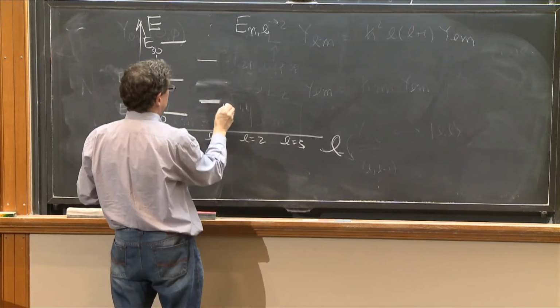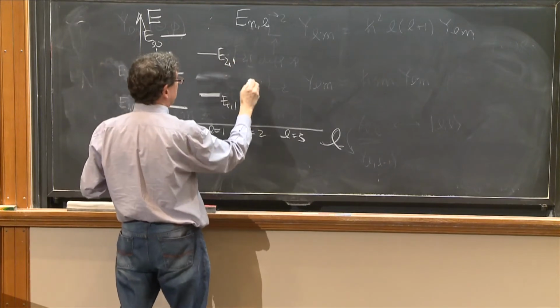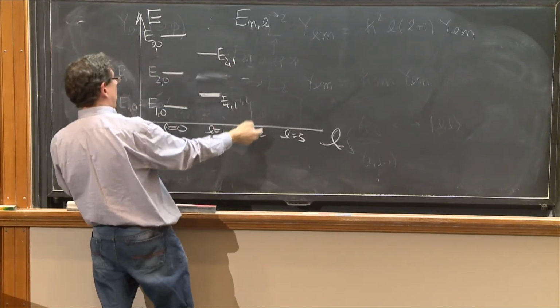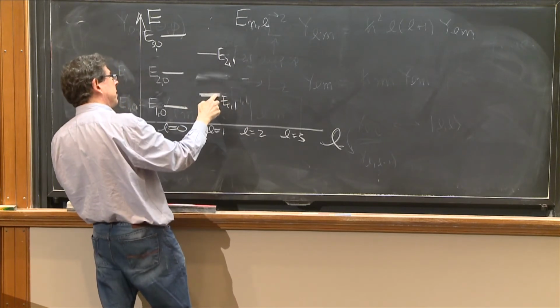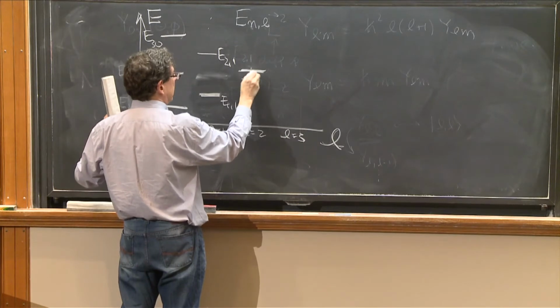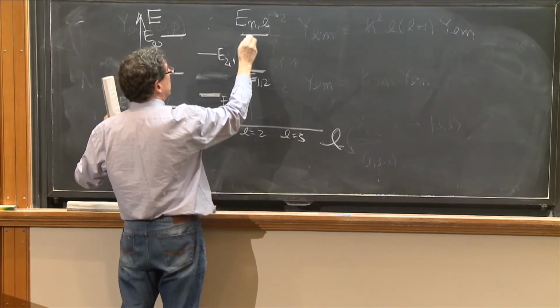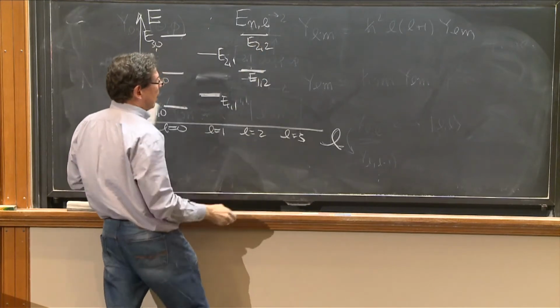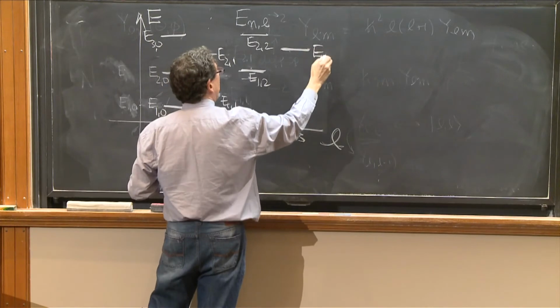So maybe this one, L equals 2, I don't know where it goes. It just has to be higher than this one, so I'll put it here. And this would be E_1,2. Maybe there's an E_2,2. And here an E_1,3.